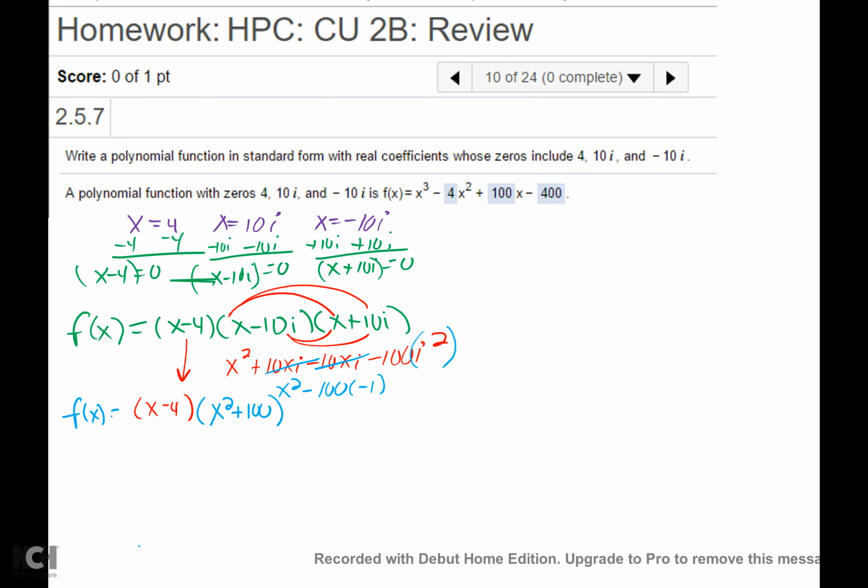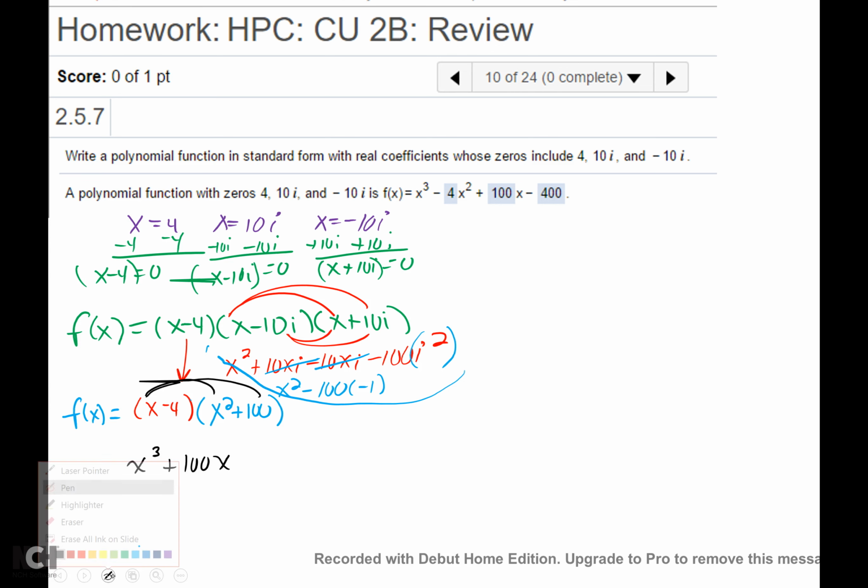That is now if I multiply. So I've done those two. Now I got to do this one to get my final function. X times x squared is going to be x cubed. X times 100 is 100x. Negative 4 times x squared is negative 4x squared. Negative 4 times 100 is negative 400.